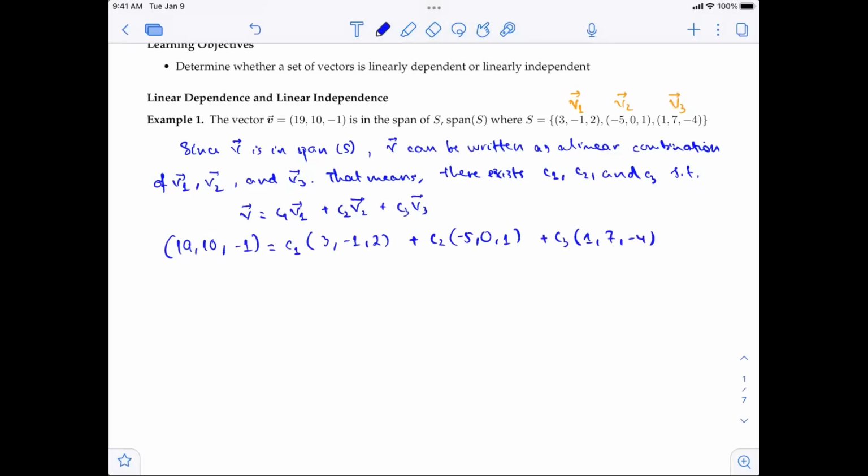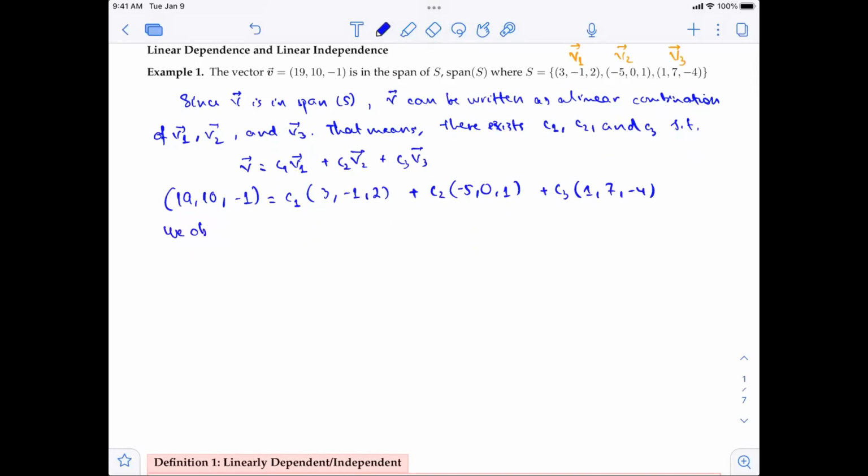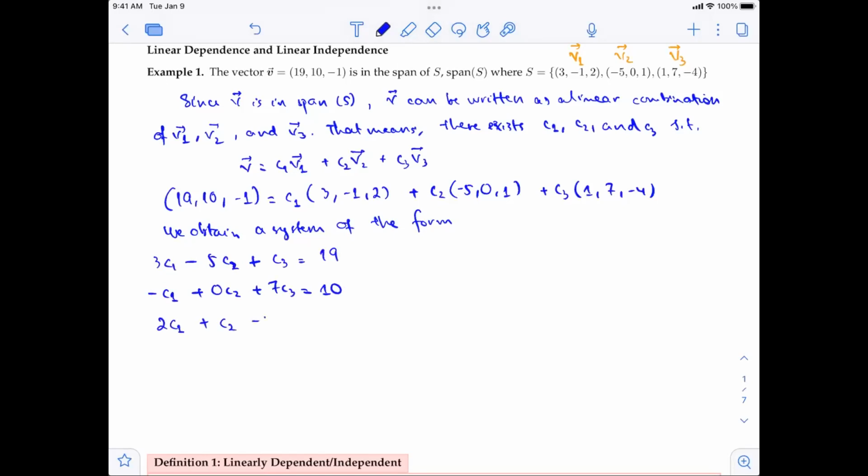We obtain a system of three linear equations with three unknowns, C1, C2, and C3: 3C1 minus 5C2 plus C3 equals 19; negative C1 plus 0C2 plus 7C3 equals 10; and 2C1 plus C2 minus 4C3 equals -1.